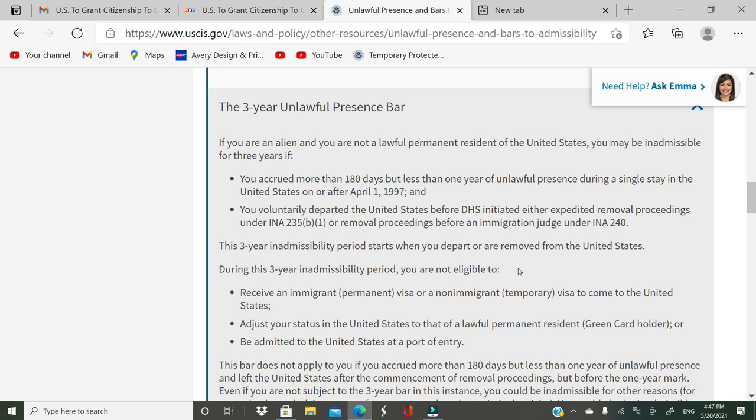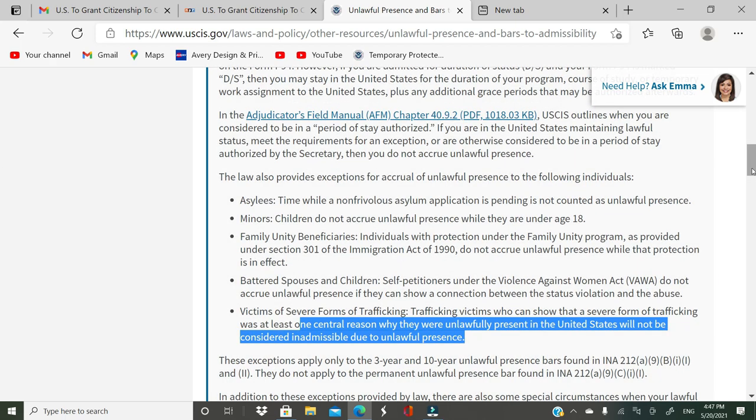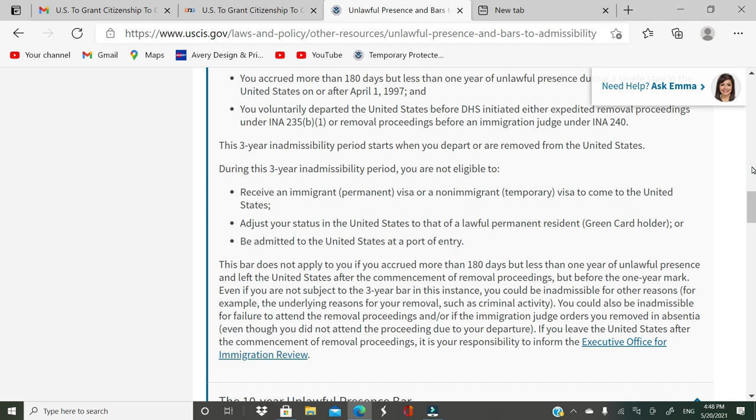But when it's more than 6 months and less than 1 year at the time you file for adjustment of status, you will still be within the time frame of unlawful presence, and within the time frame of the 3 years bar rule. So unless you have one of those exceptions, that's when you have to apply for a waiver. Okay, so that's what it's saying here.